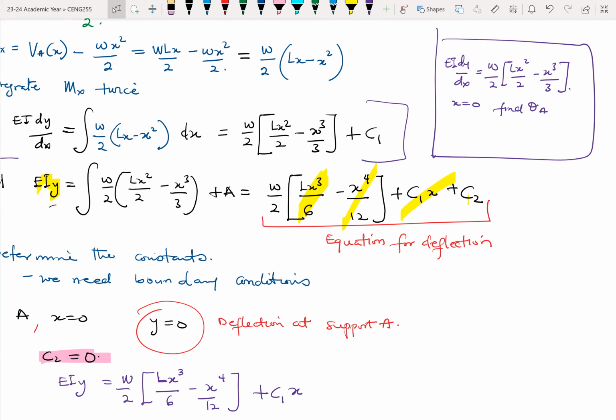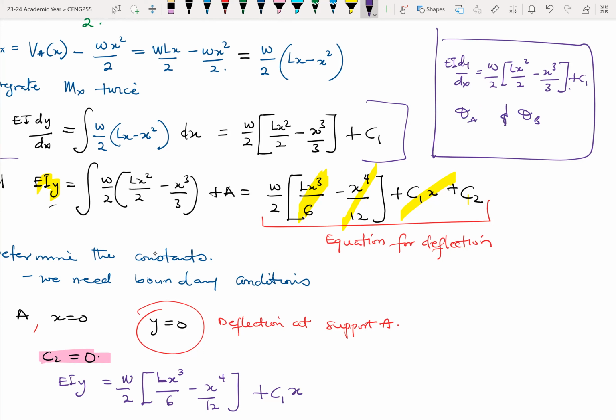Let me leave it as it is because I need to find C1 in this case, which I haven't found yet. And to find C1, I need the dy/dx, right? We'll look at that next week so that I wouldn't have to rush through it. But there's a way to find theta as well, whether theta A or theta B, one of them.